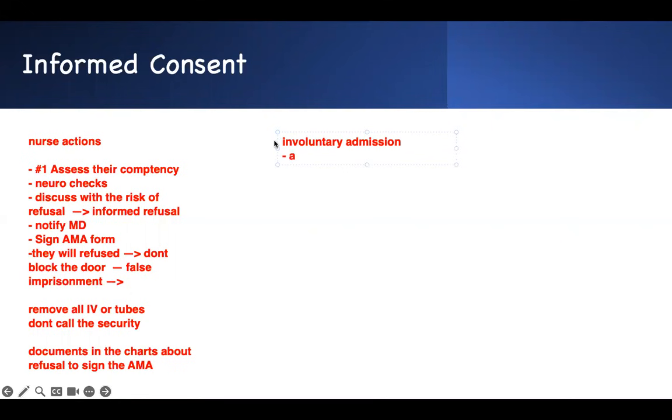These people are admitted due to self-harm. They want to harm themselves. They're trying to commit suicide or harm somebody else, so homicidal, or lack of self-care, like a schizophrenic patient with catatonic symptoms who can't do anything. So you have to keep them. We have to admit them to the hospital and then take care of them.